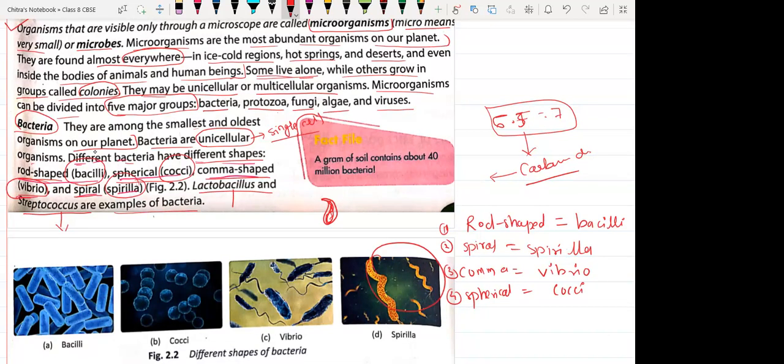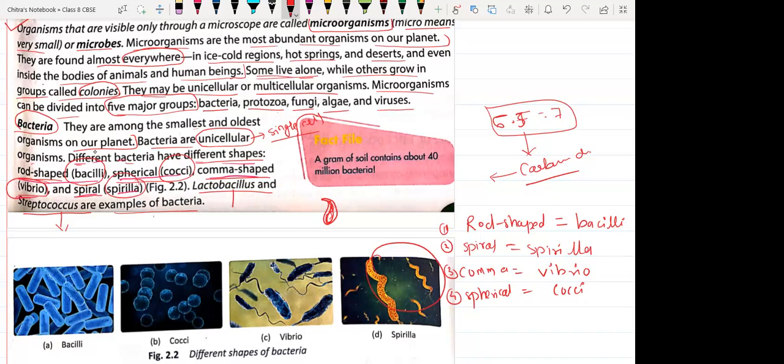Bacteria are the oldest organism found on Earth. When life came on Earth, it came in the form of bacteria only. Different types of bacteria are classified on the basis of their shape. If bacteria are rod shaped, they are called bacilli or bacillus.